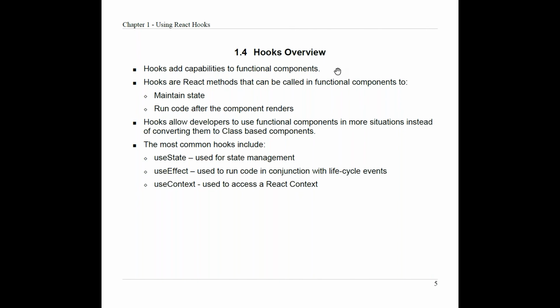So we'll take a look now at these different hooks that can be used: useState, useEffect, useContext. These are methods that are part of React that, if you use them inside of a functional component, work in a certain way and mean a certain thing. And we'll try to uncover how they're used.